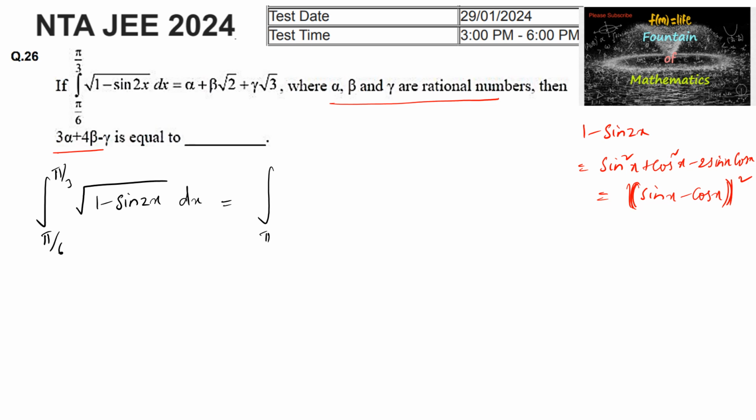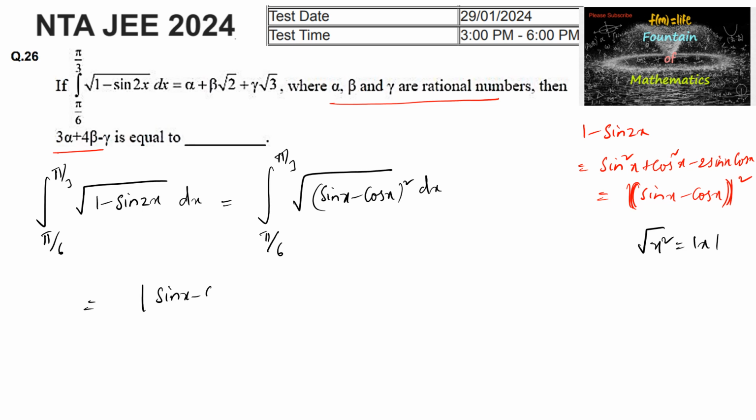So under root of 1 minus sin 2x, from pi by 6 to pi by 3, we can write it as under root of (sin x minus cos x) whole square dx. We know that under root of x square is mod x, so we can write mod sin x minus cos x from pi by 6 to pi by 3 dx.